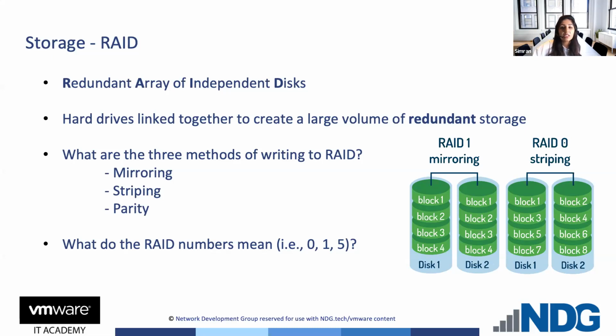So let's start with RAID 0, which is the striping method. It's not fault tolerant, because not only does it not provide any fault tolerance, it actually increases the chance of data loss. In a RAID 0, the data is not duplicated, but it's spread, or you can say striped, across two separate disks.